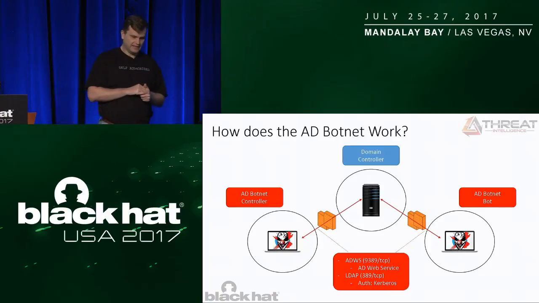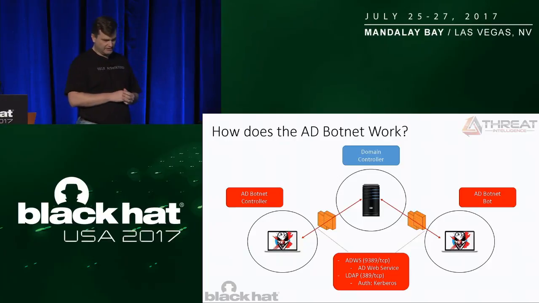Now, another interesting thing about it is the kind of traffic that you'll see when you actually run traffic over it. You've got Kerberos for authentication, then all the updates to attributes go over the ADWS, which is the Active Directory Web Service, which is encrypted, SSL.